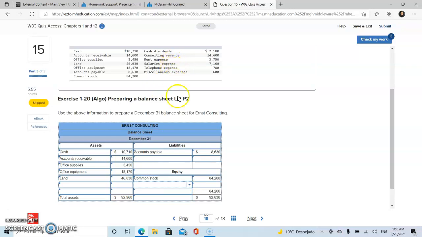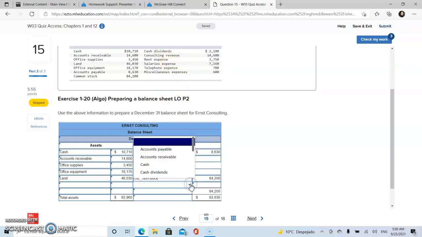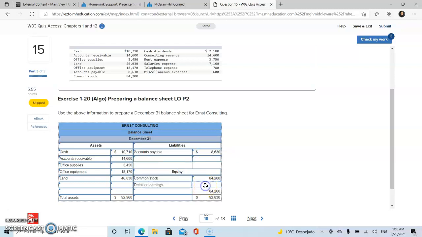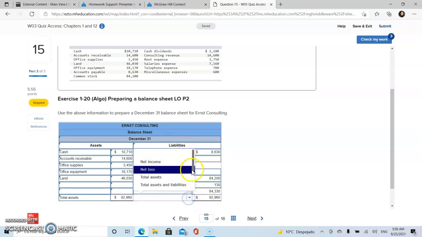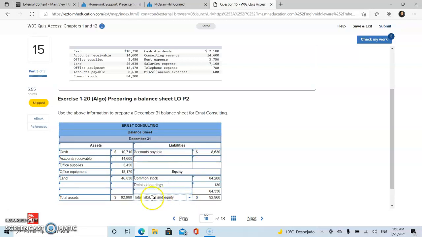And we also have the retained earnings from our last statements. And this amount will be our total liabilities plus equity. So it is very important that you select total liabilities and equity.